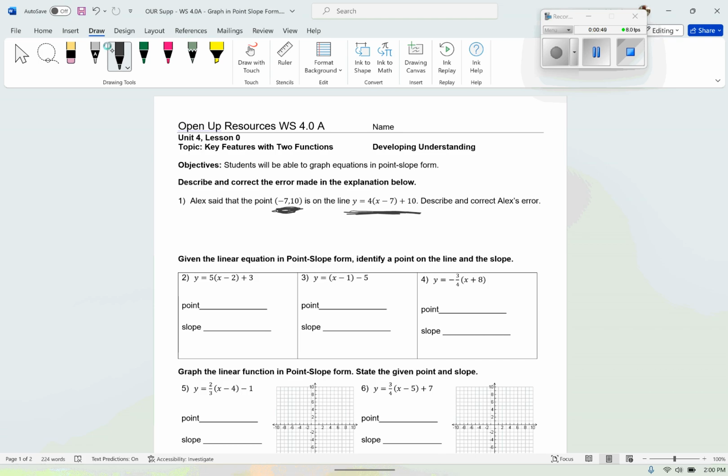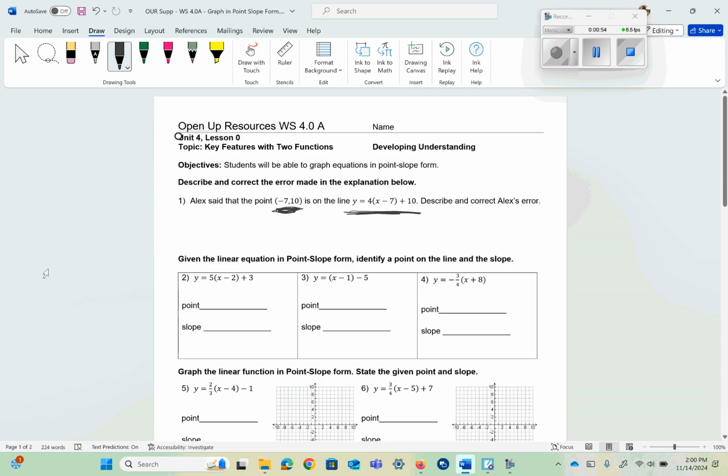Might as well play with a little technology while I can. So we have the equation. We have that equation given, and let's take a look.